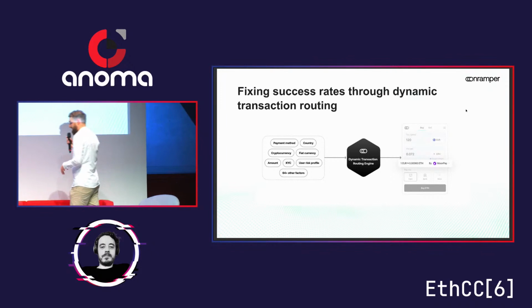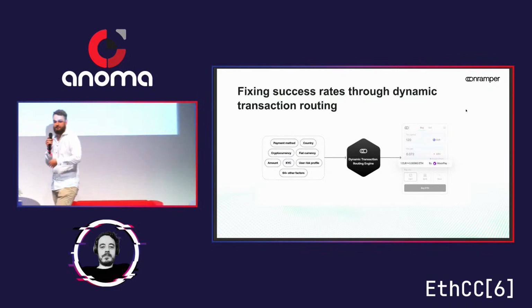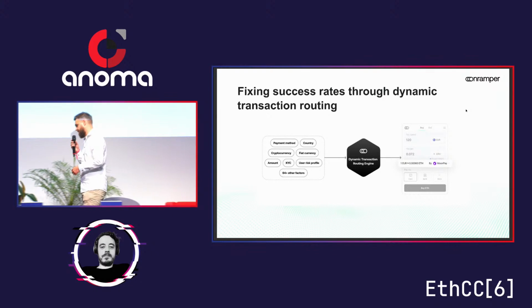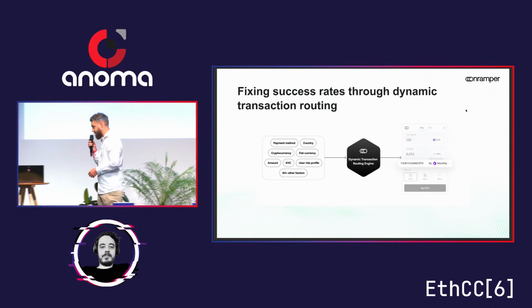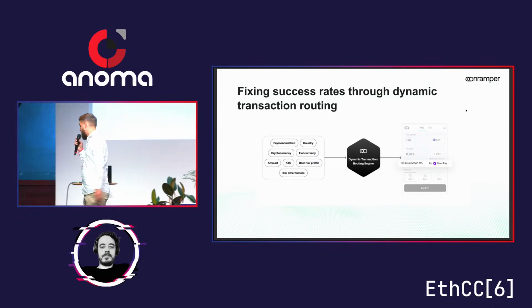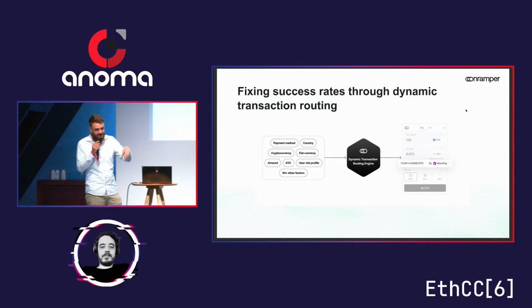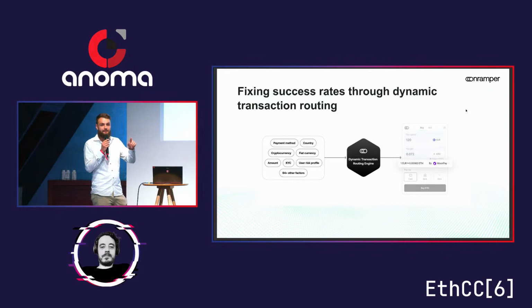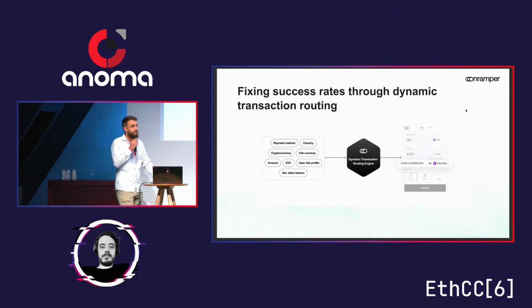And we can start using that data in order to build smart routing algorithms, basically dynamic transaction routing for the payments people in the space, in order to predict what is the expected success rate of every fiat on-ramp for the specific user. And then we can recommend that on-ramp to the user.